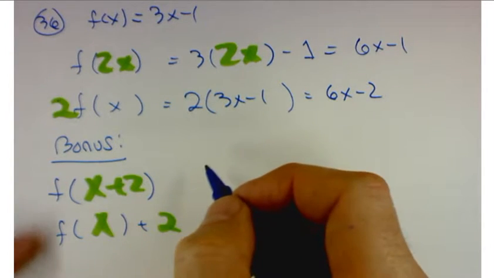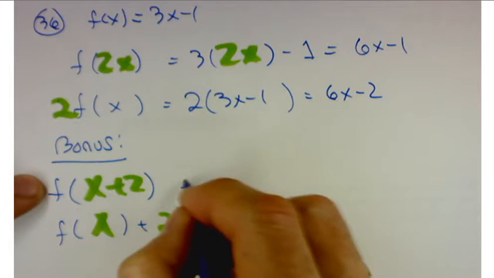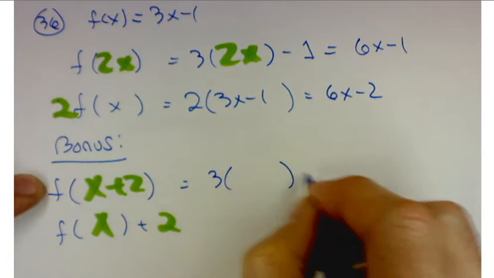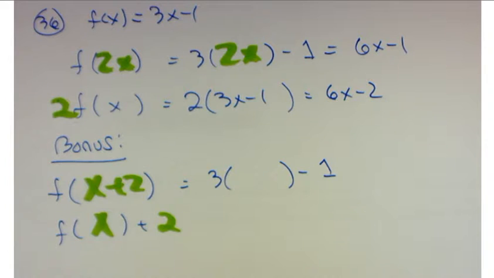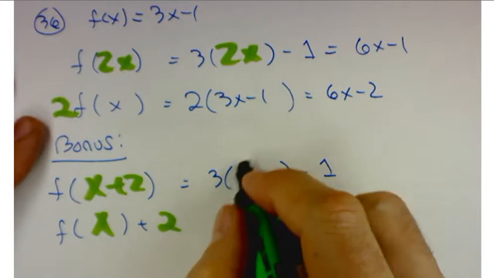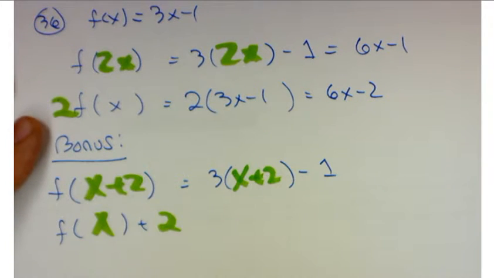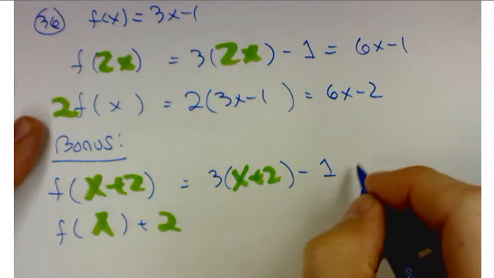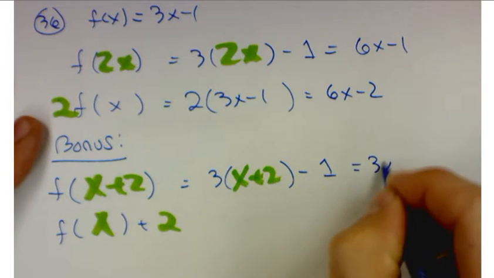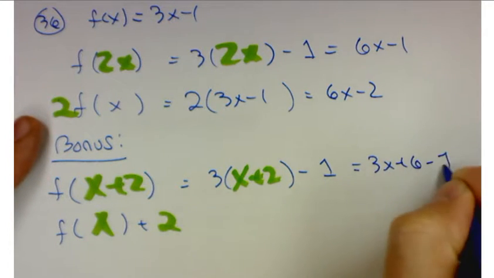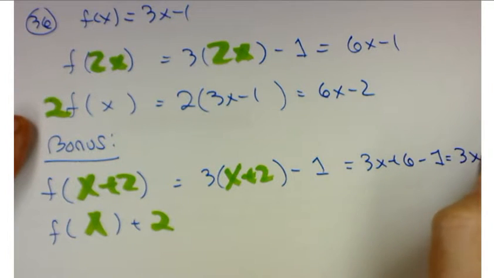So the bonus feature, f of x plus 2. It would be 3 times x plus 2 minus 1. If I distribute that, I'll get 3x plus 6 minus 1, or better yet, 3x plus 5.